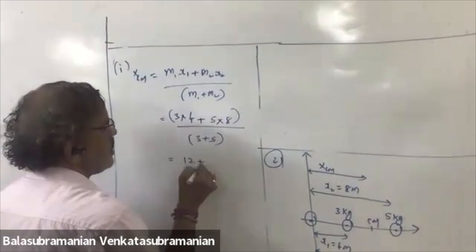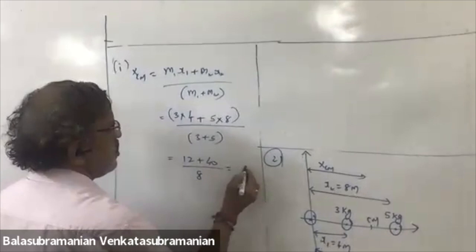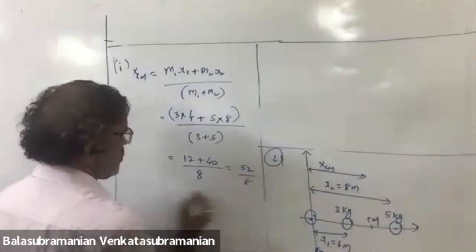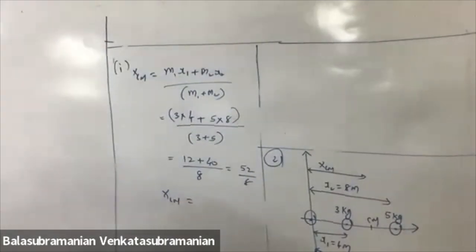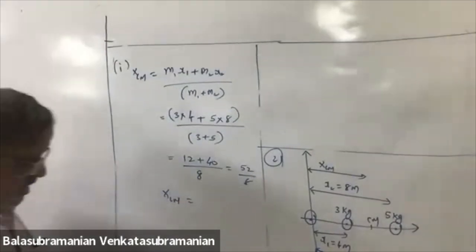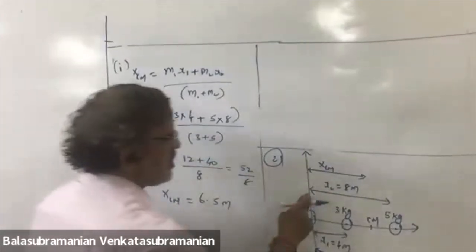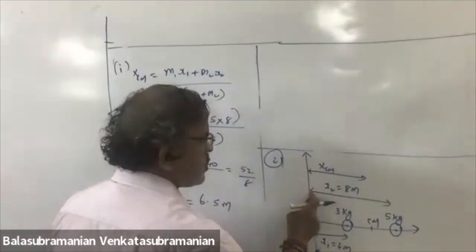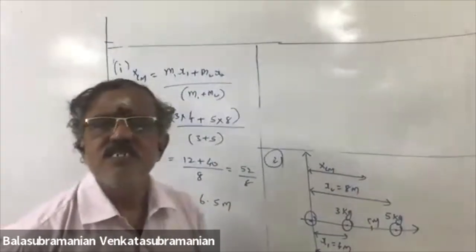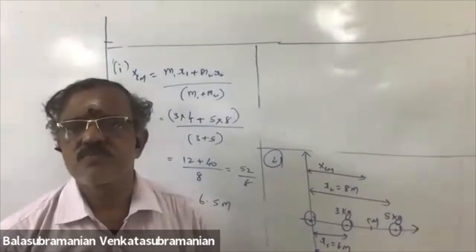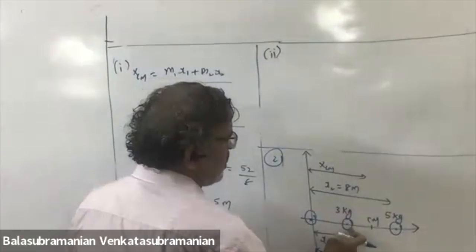So 12 plus 40 by 8, that is 52 by 8. Xcm is 52 by 8, that is 6.5 meters. So from the origin, the center of mass is situated at a distance of 6.5 meters. Second case, from the 3 kilogram mass they are asking.